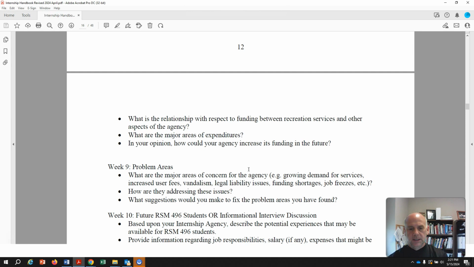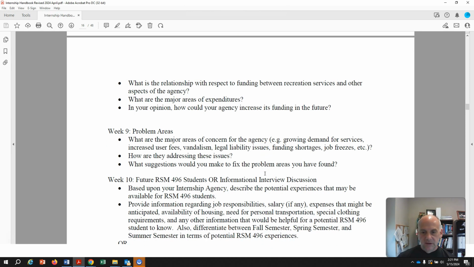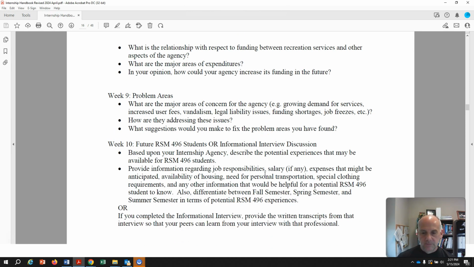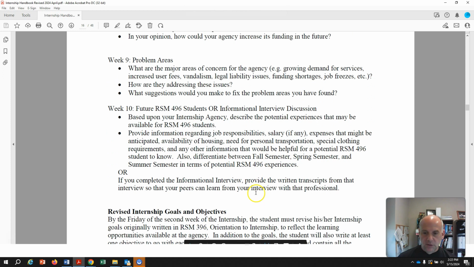The last one, you either have a discussion about what you would tell future RSM students about the experience that you had at that site, or you can post information about your informational interview discussion. Basically you put your transcripts from your informational interview into that week 10 so that others can see and learn about your experience there. And again, both prompts are here for you.